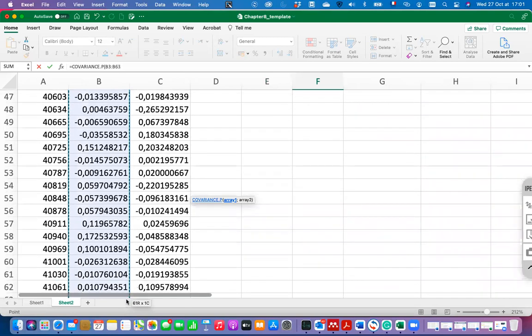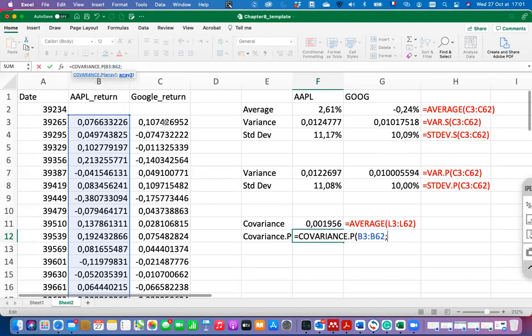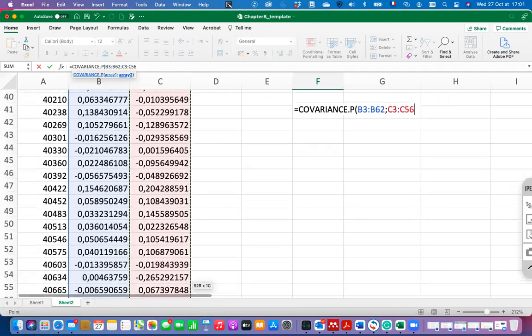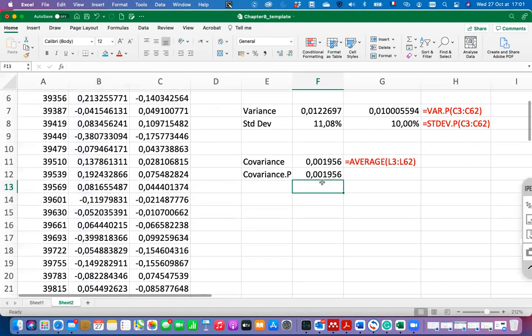I start with Apple, the first array, then comma, then I go to the Google returns. It is as if I'm giving instructions to Excel to compute the covariance between the first series, B3:B62, and the second one, C3:C62. I'm telling it we have two random variables and asking it to compute the covariance. See, same result.